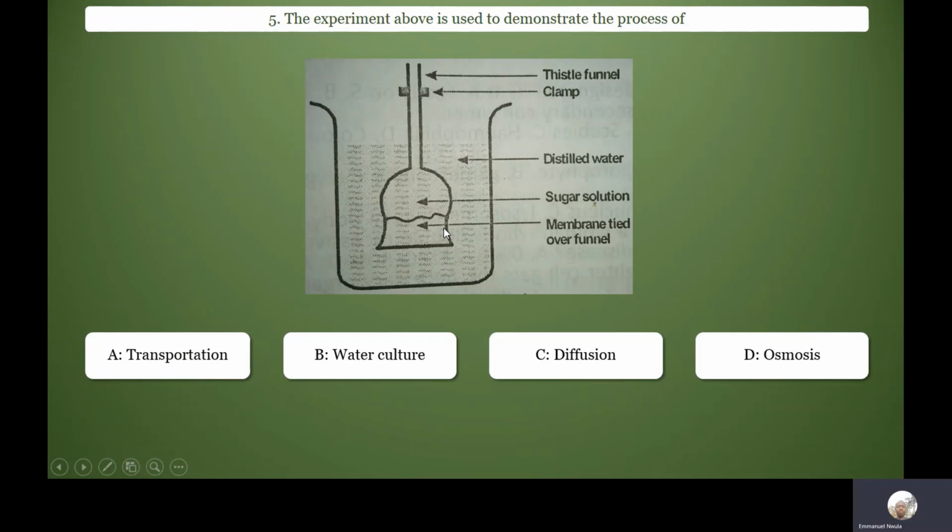So water moves from the distilled water into the sugar solution. That's from where you have more free water molecules to where you have fewer free water molecules through a semi-permeable membrane. So that's osmosis. The correct option is D.